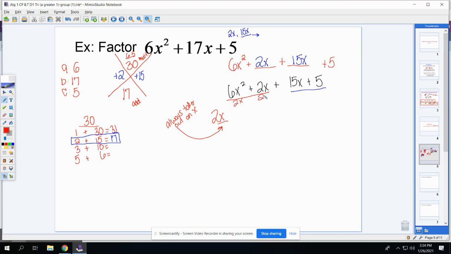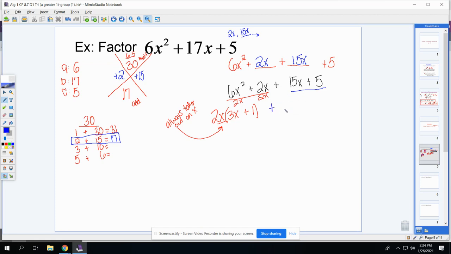So our GCF here is 2x, so we will divide both numbers by 2x. 6x squared divided by 2x, 6 divided by 2 is 3, x squared divided by x gives us an x. 2x divided by 2x is literally the exact same thing, so that's going to be a 1. So for our red line here, we get 2x times 3x plus 1.